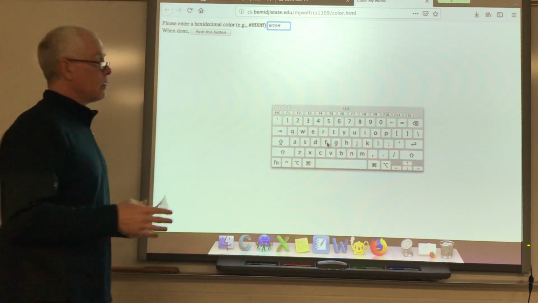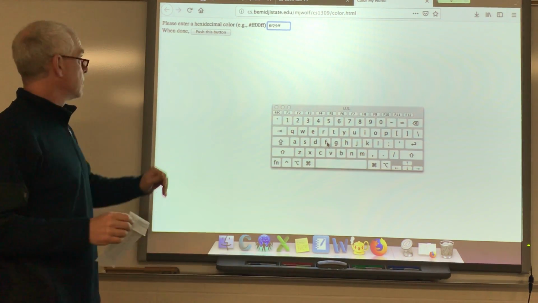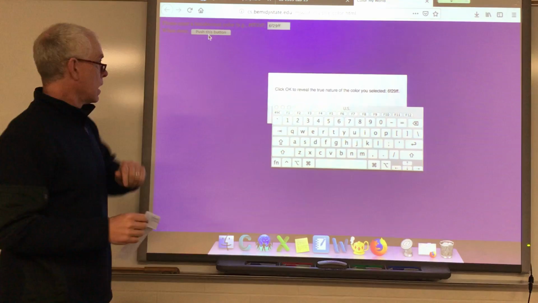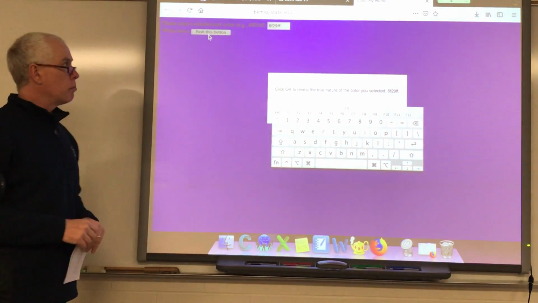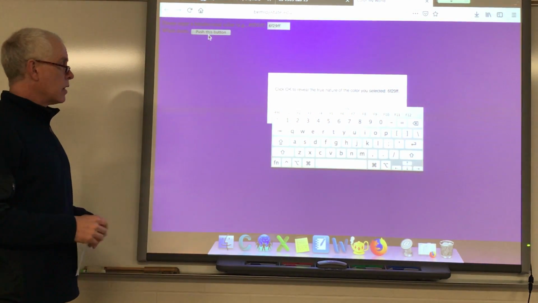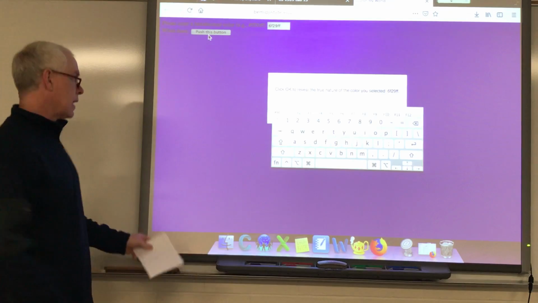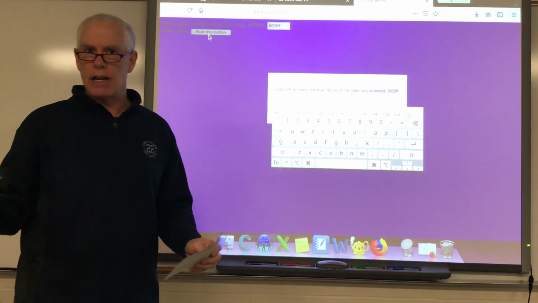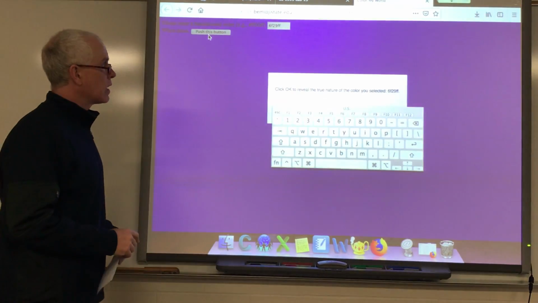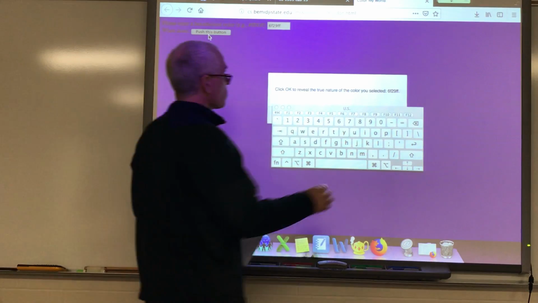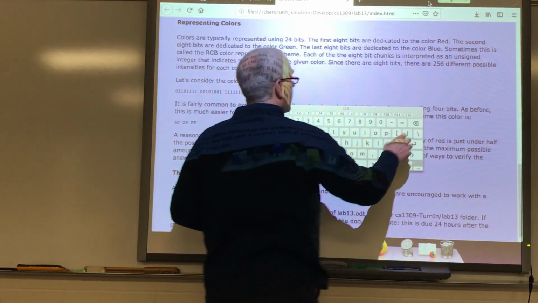Okay, so you put it in there just the way that you interpreted it from the hexadecimal. You push the button, and boom, just like we thought it would be, purple. Okay, and so then you could say, well, is that eggplant? You could give it a name if you wanted to, but that's kind of what we're looking at from that one.